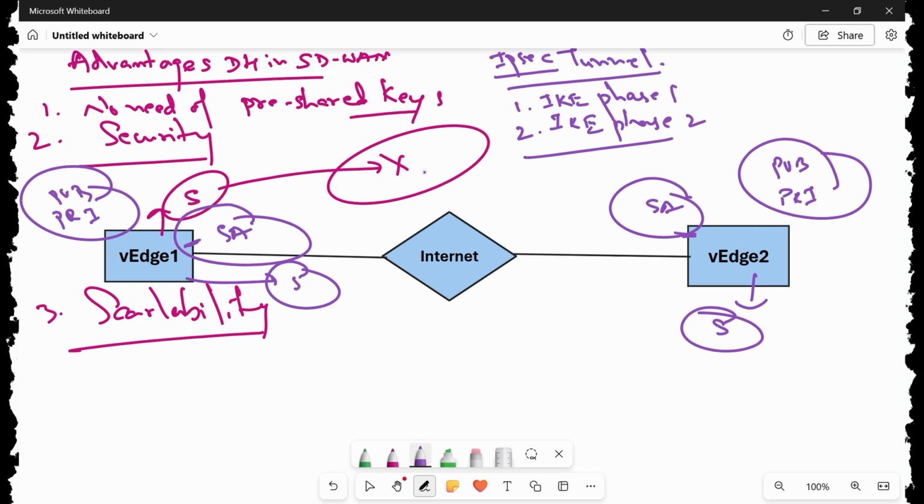Then after that, there will be data tunnel formation.